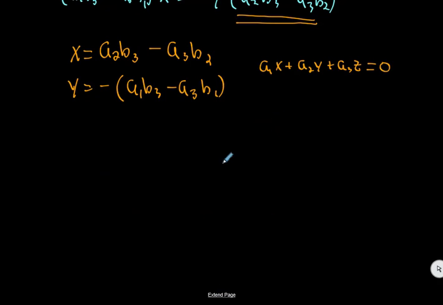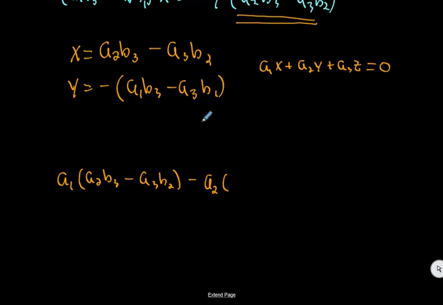So to figure out what z is, I could say a1, what's x equal to? a2b3 minus a3b2, and then plus a2, my y is, since I'm going to plug in a negative here, I'm going to make this a negative a2.